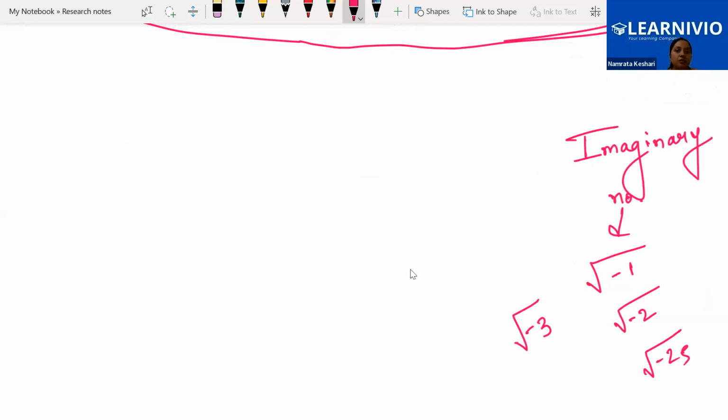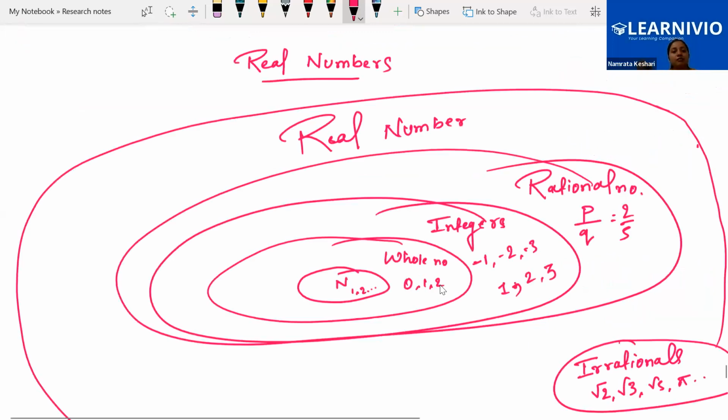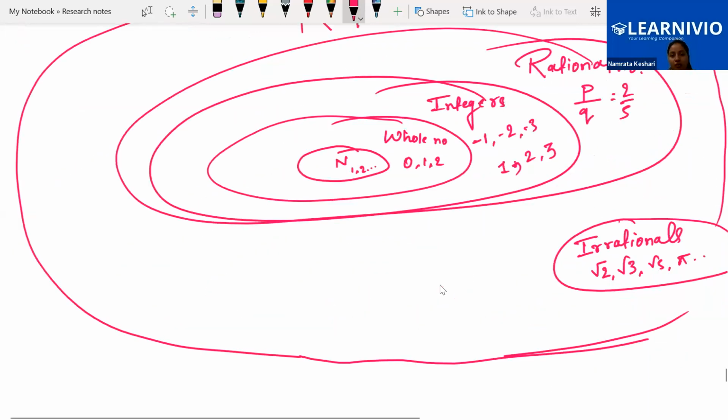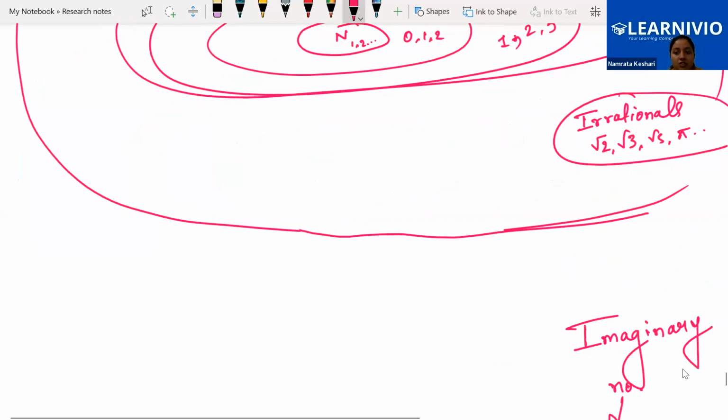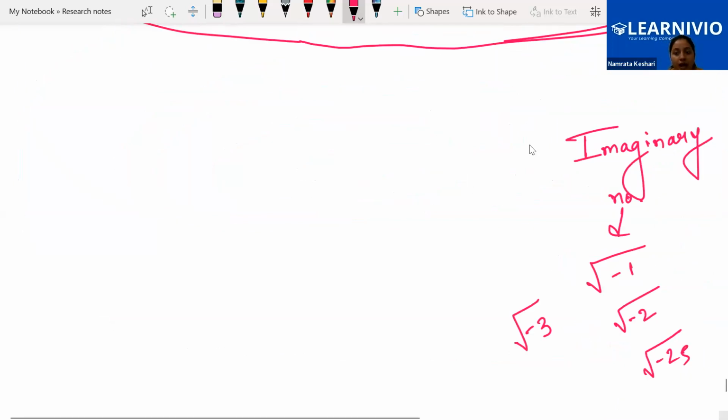The numbers which we can write in our copy using the digits 0 to 9, be it a fractional number, a decimal number, a terminating or non-terminating decimal, whatever number you can think of, all are real numbers. Imaginary numbers are just in imagination. So let's get back on track.